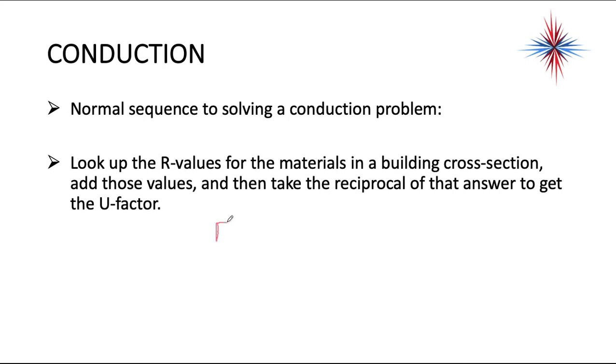Sorry, I'm doing this with a mouse pointer. If I have an R value of 100, to get my U value, or U factor, we take the reciprocal, which is 1 over 100.